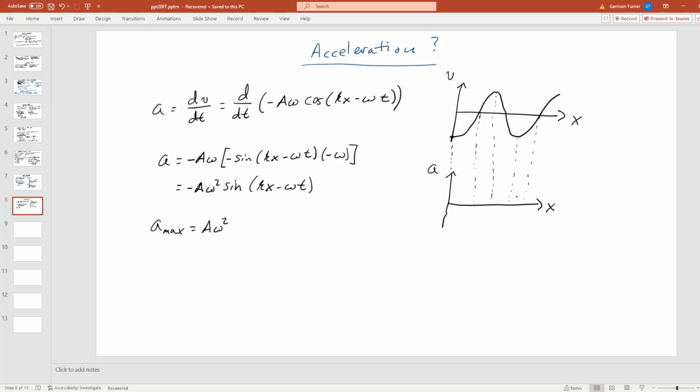So shape-wise, this is just an inverted sine function, minus A omega squared sine(kx minus omega t). I'm going to start out at 0, and when my velocity is 0, my acceleration will be maximized. And then when my velocity is maximized, my acceleration will be 0. And I will have this.